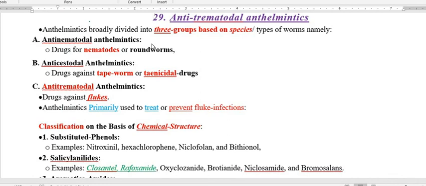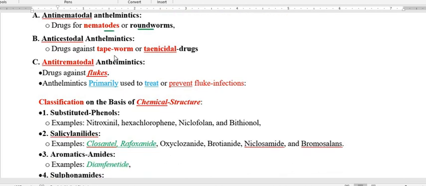As we know about the anthelmintic, initially we classified into three groups based upon the species. If the anthelmintics act against the roundworm or nematodes, they are called antinematodal.